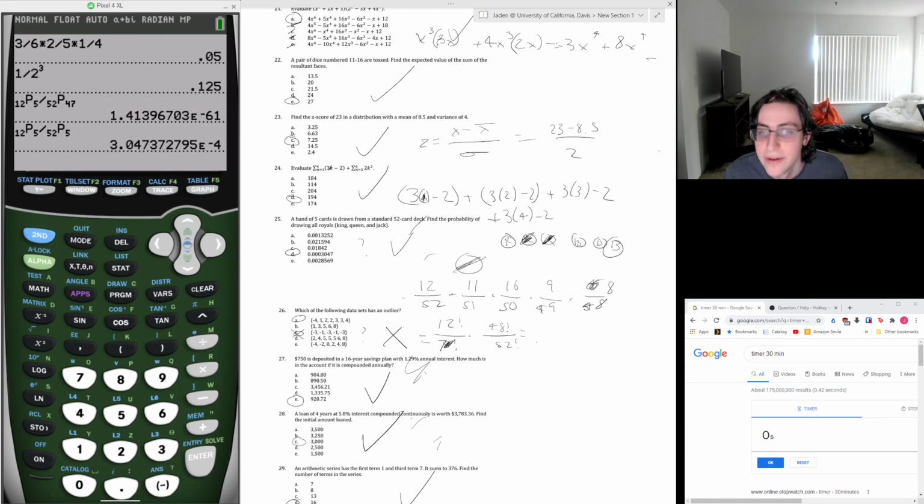It is, huh? The permutation formula is n factorial over n minus r factorial. And this is the same thing, because 12 factorial divided by 7 factorial.